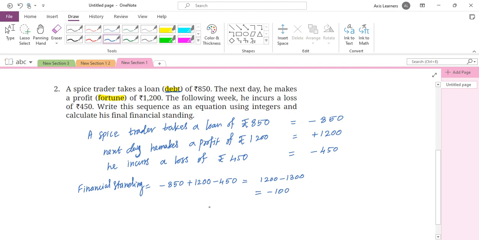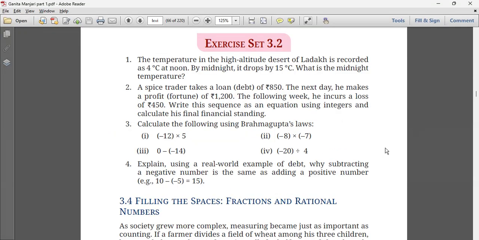A loss of rupees 100. That's all. We completed this one. We'll move on to the next question.